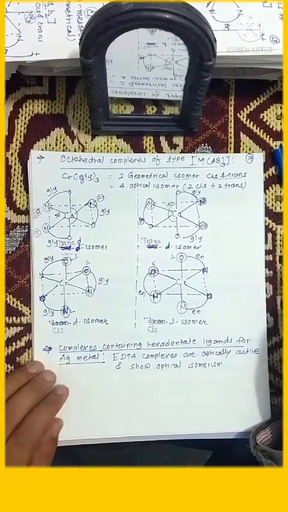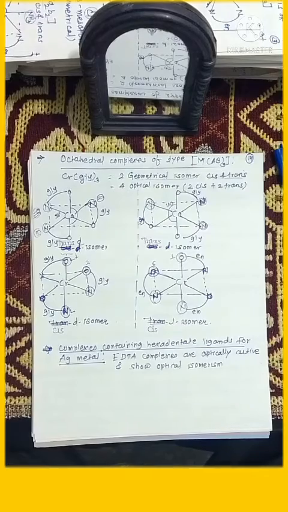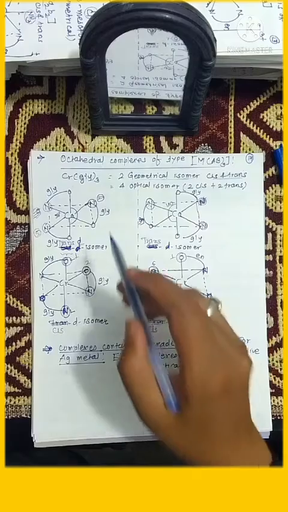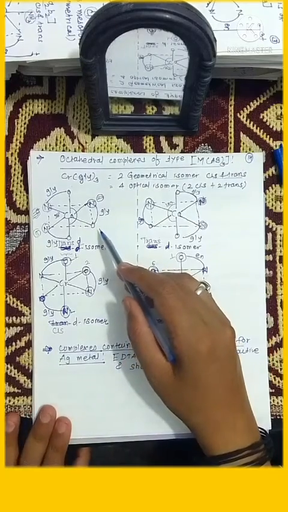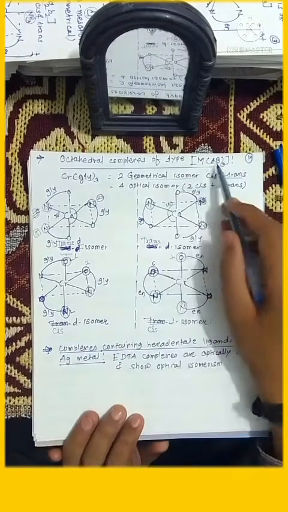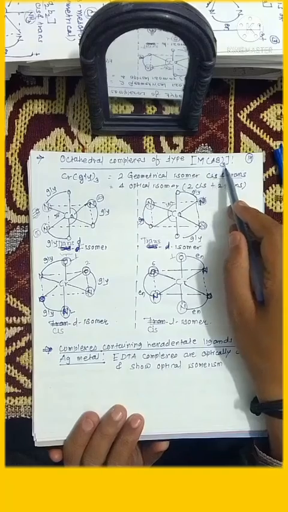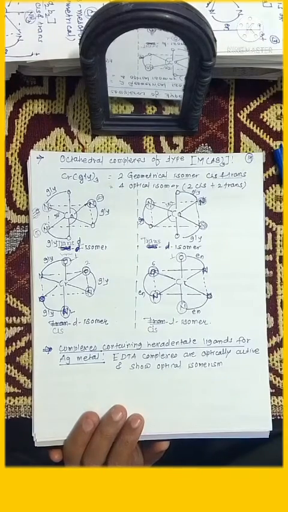So now we are going to see the geometrical as well as optical isomers of this M(AB)3 type of complex.